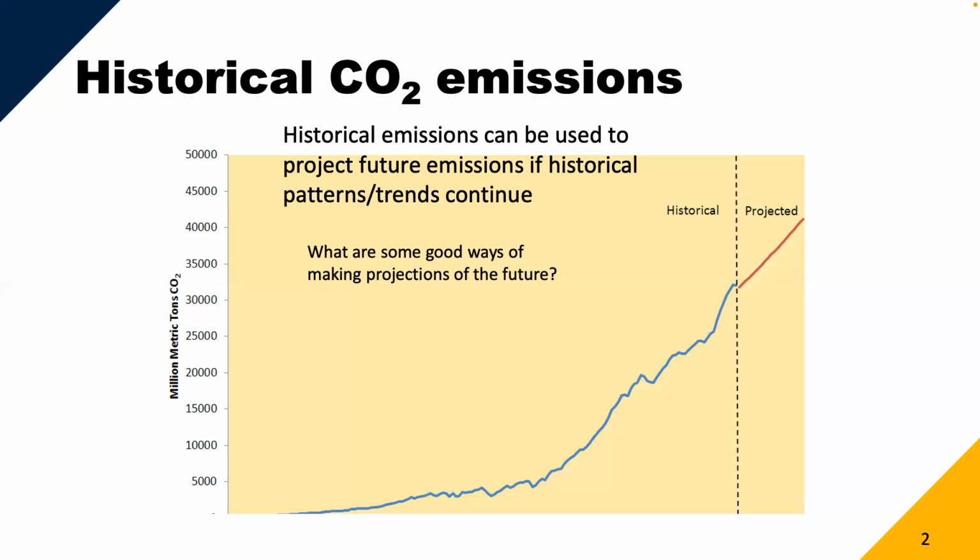And so as you introduce things like interventions, doing simple projections and forecasts starts to fall apart. And so you need to start thinking of different approaches to being able to do forecasts and predictions and that sort of thing.